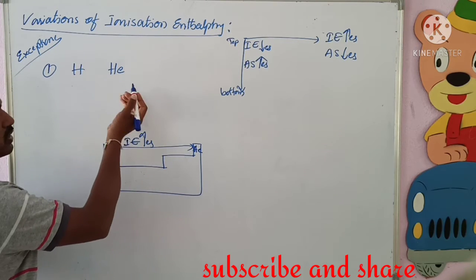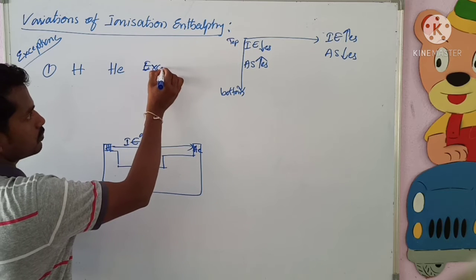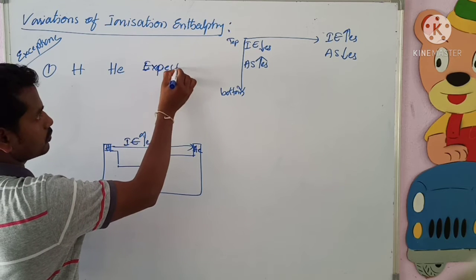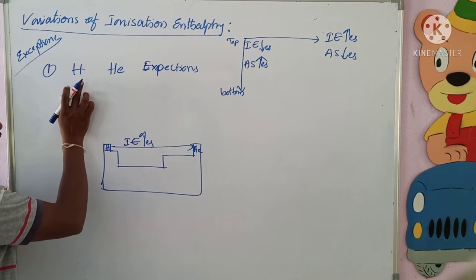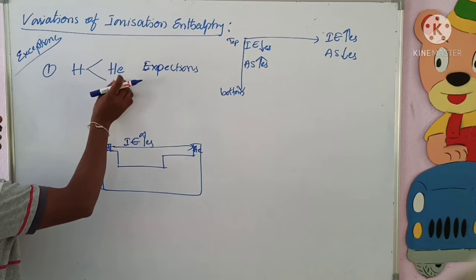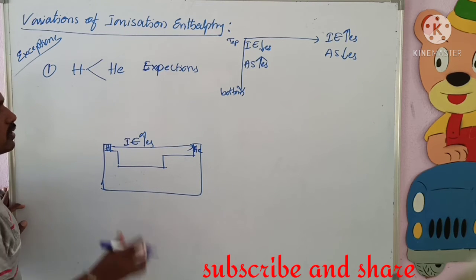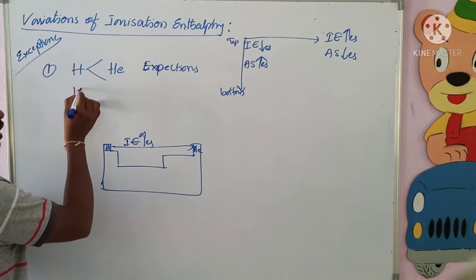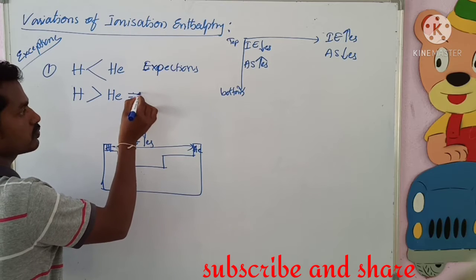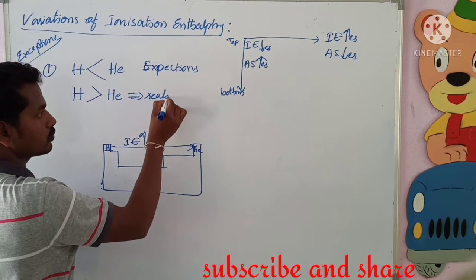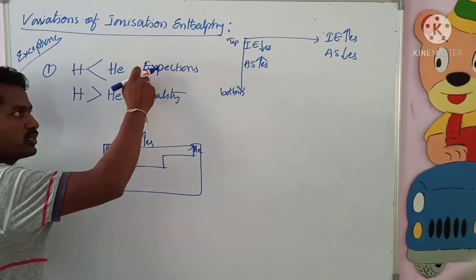Then our expectation is that hydrogen has a lower value than helium. But the reality is that hydrogen has a higher value than helium. This is the reality.